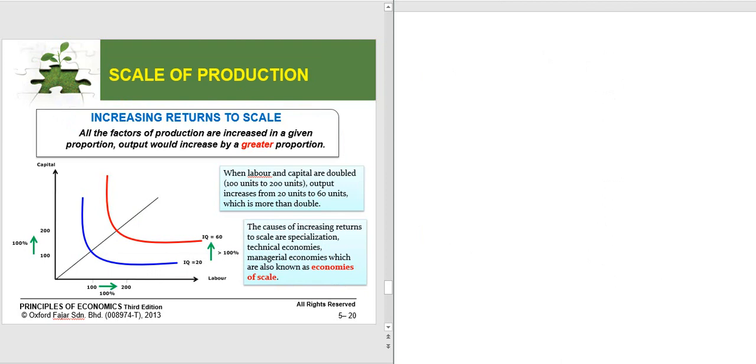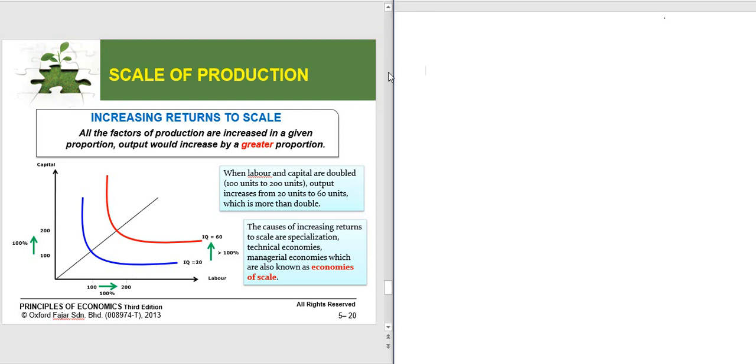So the last part of this topic is regarding the scale of production. We have 3 types of scale of production here, which are increasing return to scale, constant return to scale, and decreasing return to scale. So what are the factors that will cause increasing, constant, or decreasing return to scale?